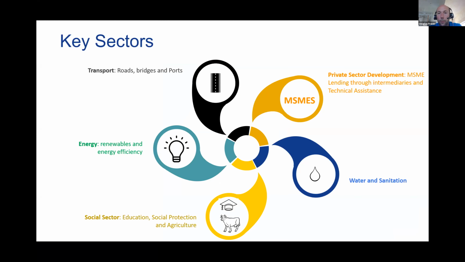He's also going to speak a little bit about water and sanitation, which is another core area for the bank. We also work in the energy space, and given the situation in the Caribbean, renewables and energy efficiency is particularly important. The region is very much reliant on imported fuels, fossil fuels, and has very high energy costs. So that's something we're seeking to focus on, and you'll hear more about that from Chris shortly.